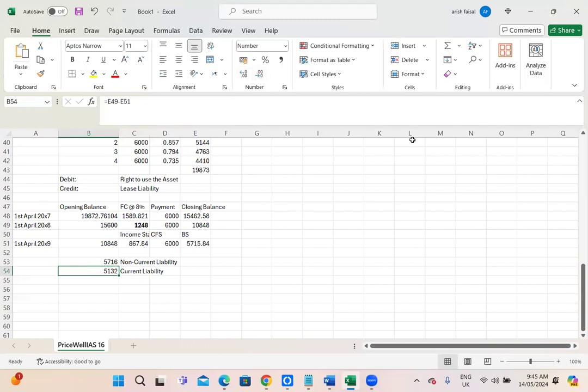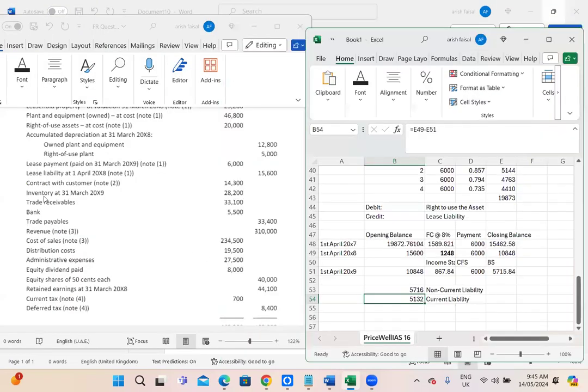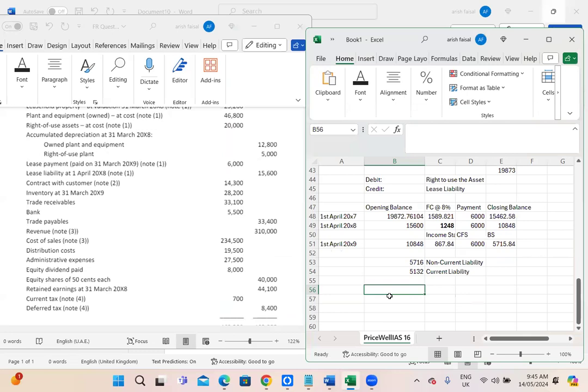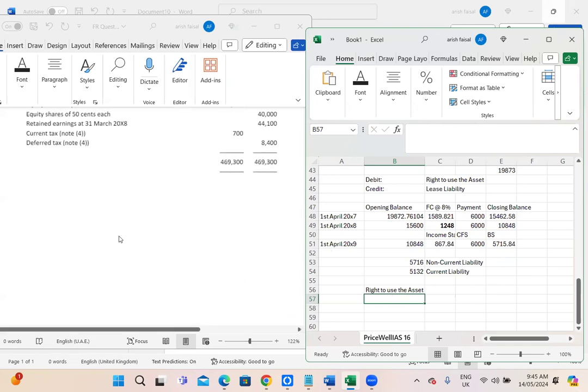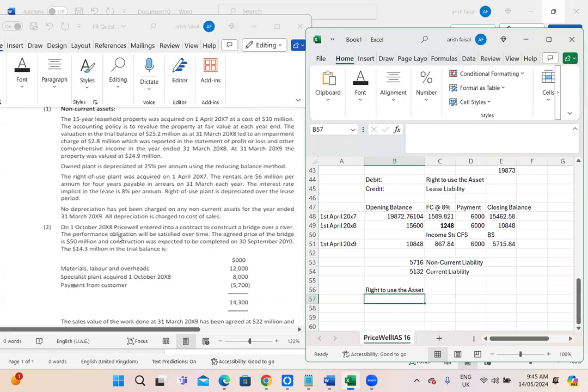Now as we have dealt with our lease liability, we have to figure out the right to use the asset, which you know will be depreciated. Okay. So for the right to use the asset, we need to depreciate it by 4 years because that's the lease term, right?